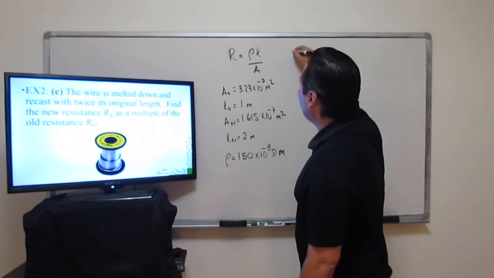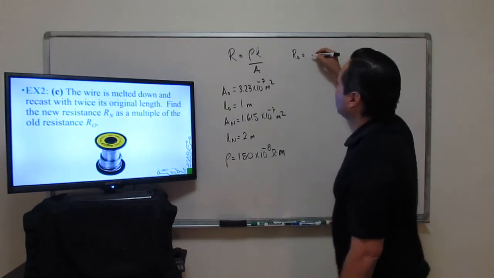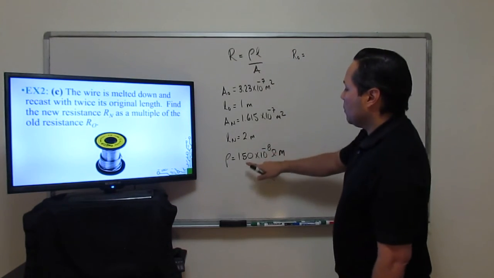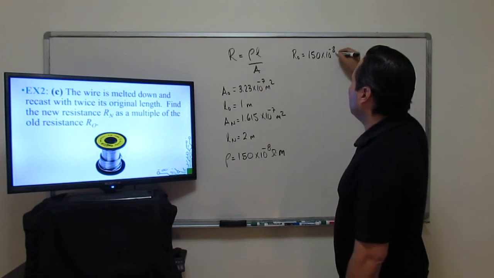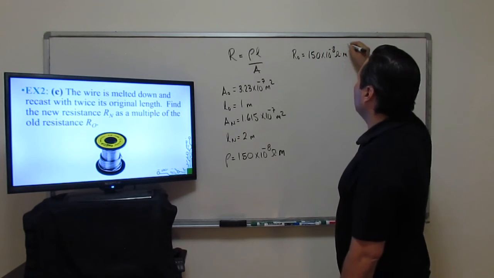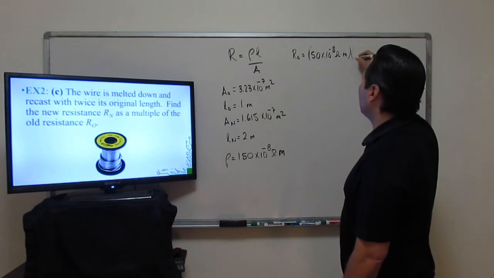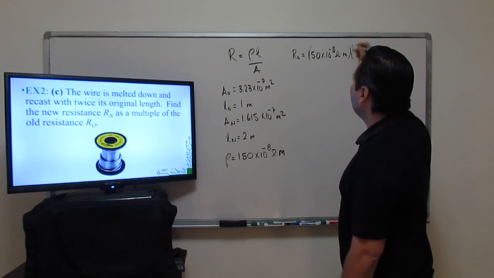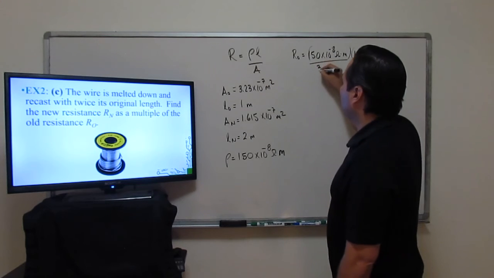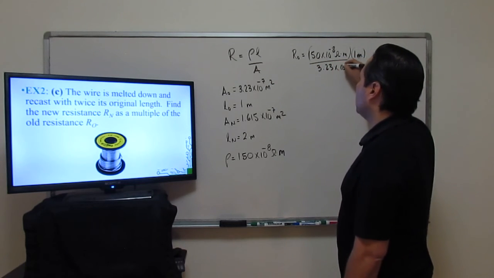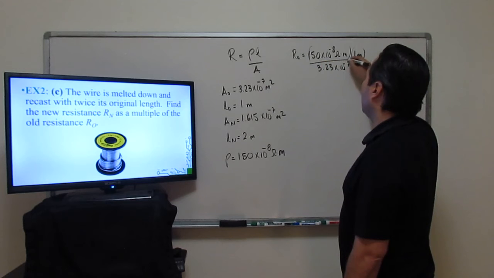Our original resistance was the resistivity, which is 150 times 10 to the negative 8 ohm meters, multiplied times the length, which is just 1 meter, divided by the old area, 3.23 times 10 to the negative 7 meters squared.